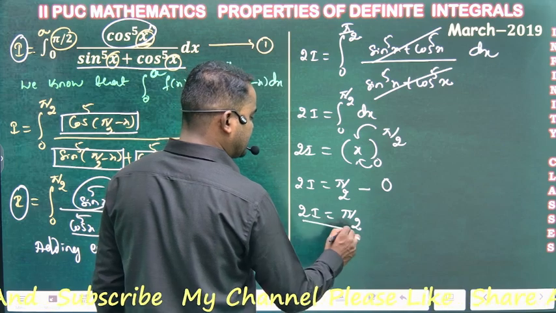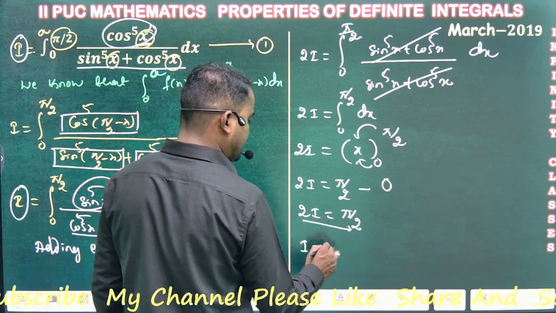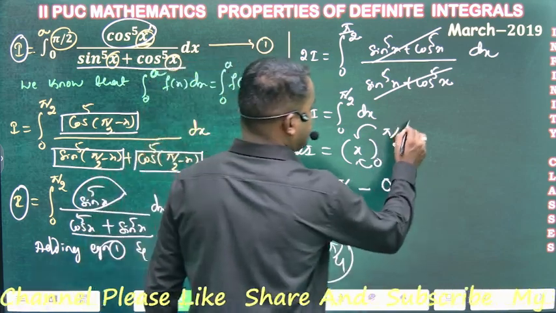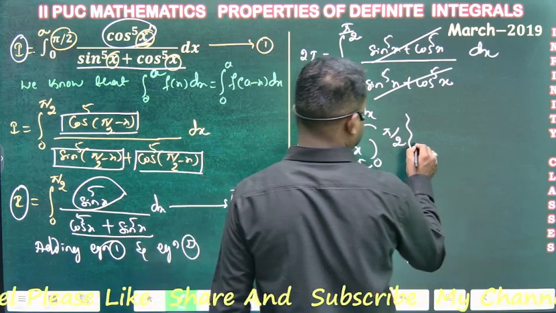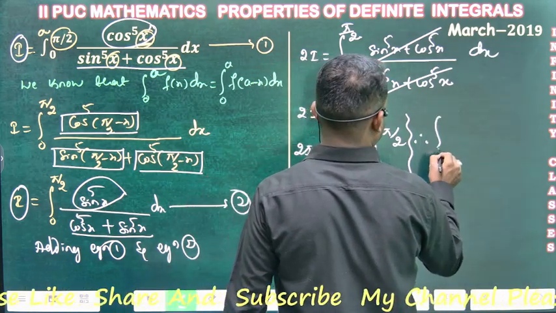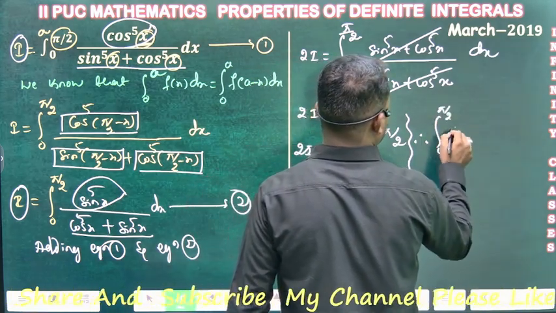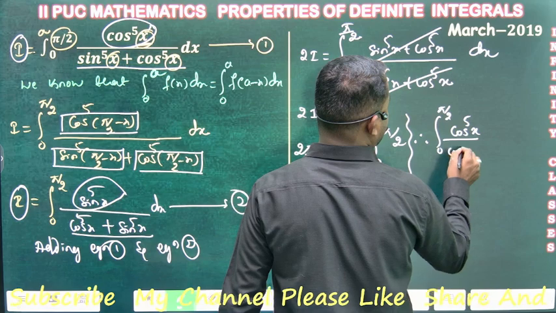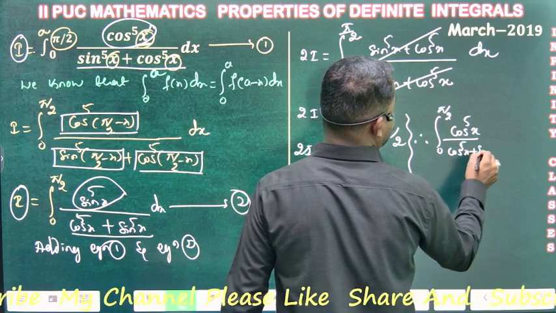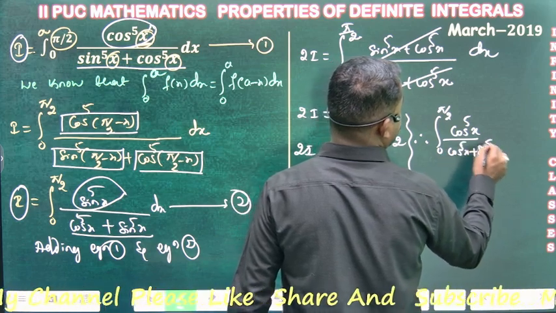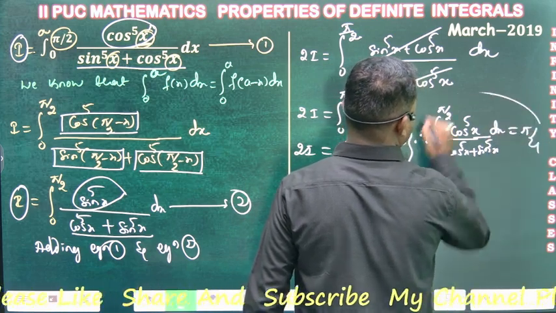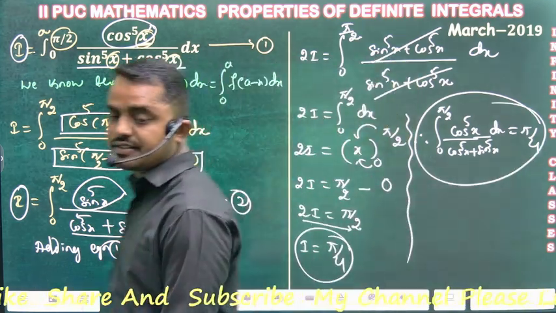Then I is equal to 5 by 4. Lastly, therefore, integration of 0 to 5 by 2 cos raised to 5x divided by cos raised to 5x plus sin raised to 5x dx is equal to 5 by 4. Hence the final answer of this problem.